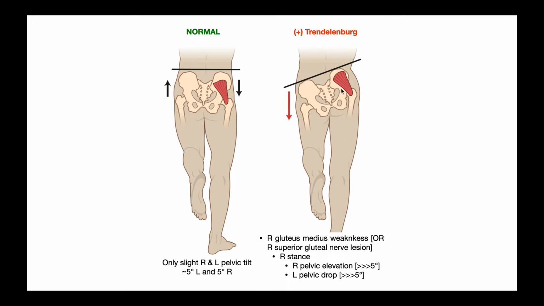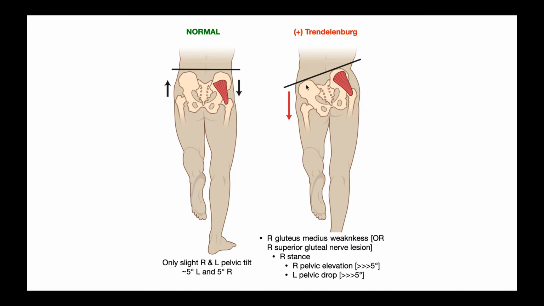So in this case right here, either this right gluteus medius is weak or the right superior gluteal nerve is lesioned. And so when that person is in right single limb stance or single limb support, you're going to see that same side elevate up, and then the contralateral side is actually going to drop. So the side that's in swing phase, which is contralateral, is going to drop.